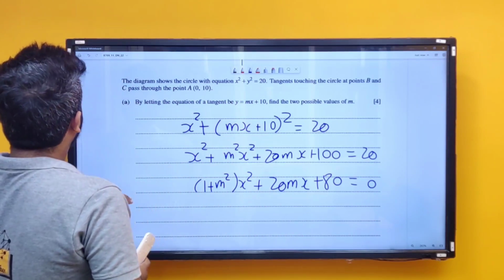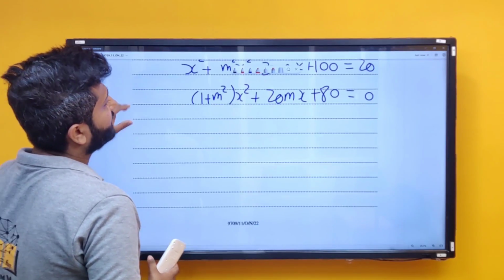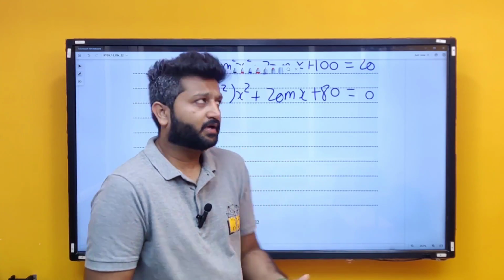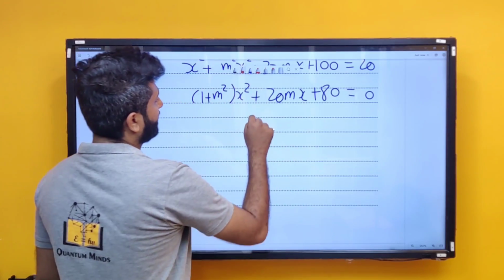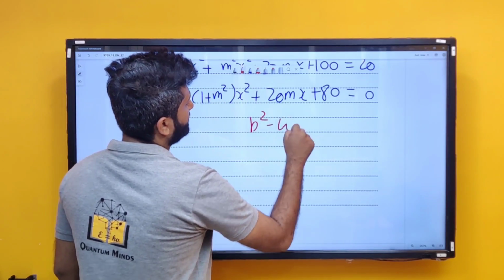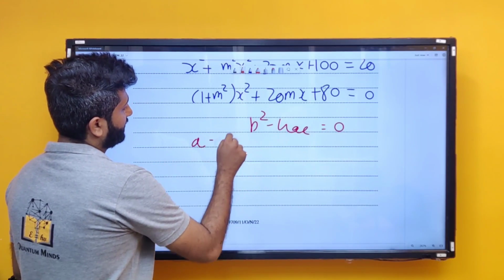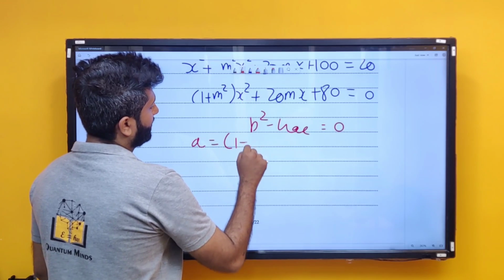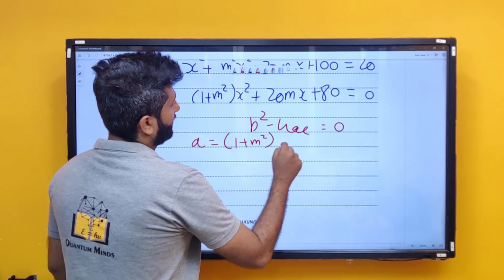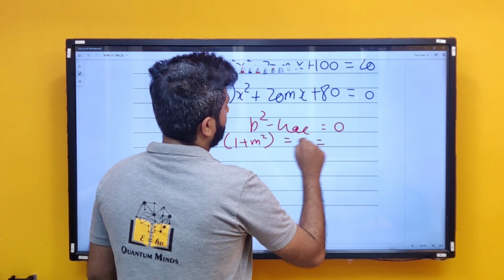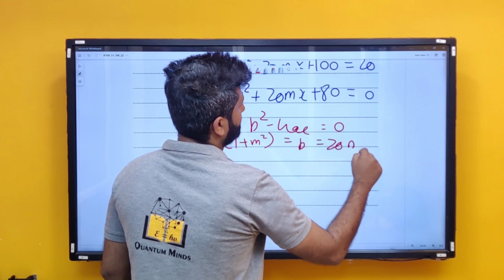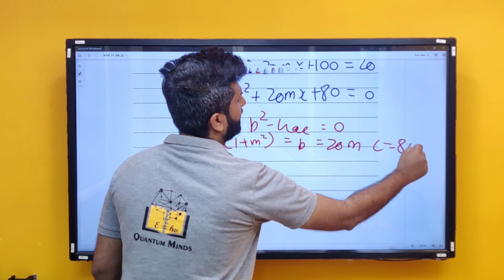Now guys, this tangent is intersecting the circle at only one point, right? So we have b squared minus 4ac equals 0. My value of a is 1 plus m squared, my value of b is 20m, and the value of c is 80.